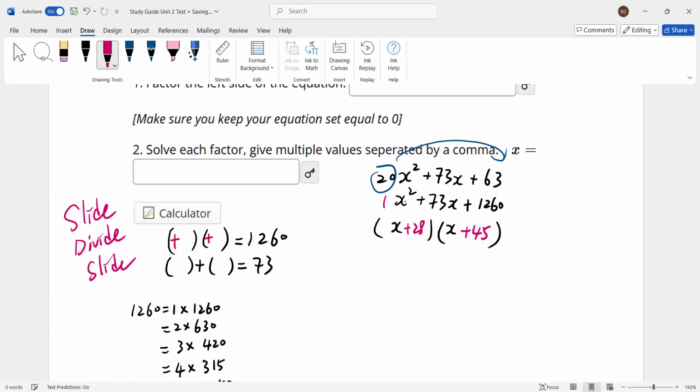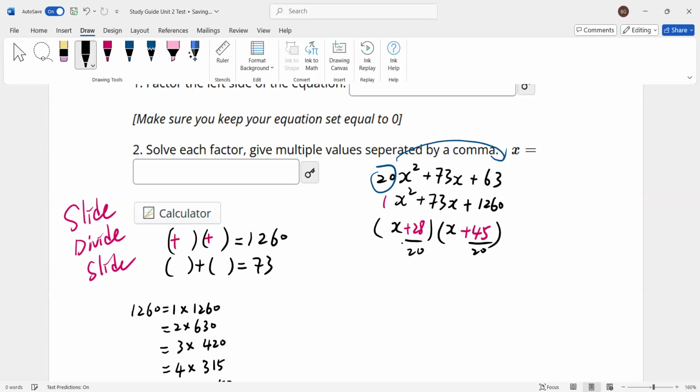Okay, so my method is called the butterfly method. When I learned this part when I was little, and this method, slide divide slide, is what I figured out that my students find easier to grasp. So I have been teaching this method. So we slide and then divide the two numbers in red by the original leading coefficient, which is 20.